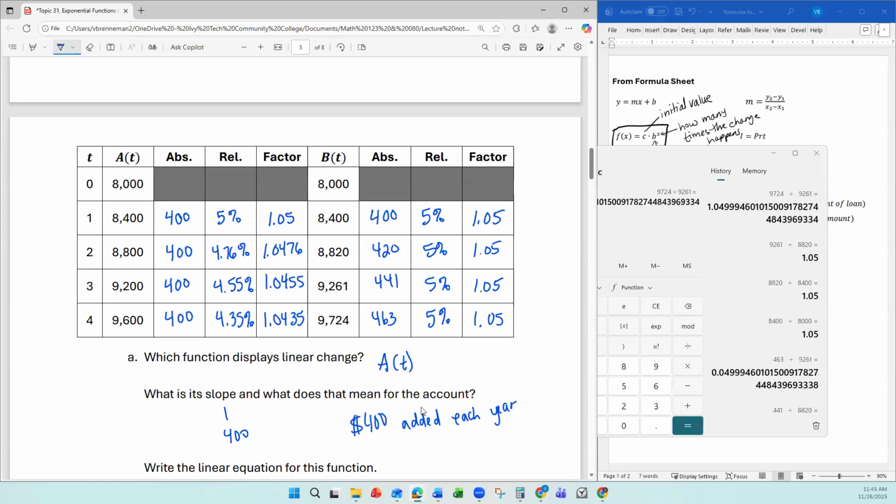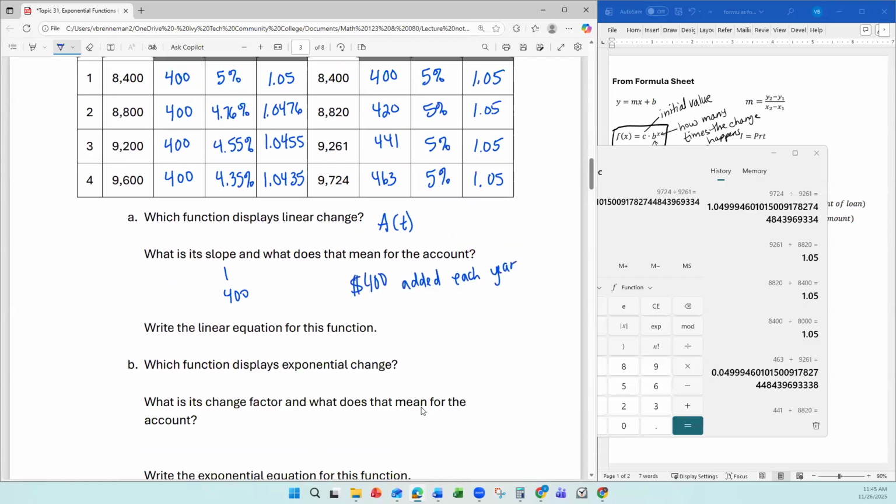The linear equation, we have the initial value of 8,000. And then adding, so the plus 400 multiplied by however many years.